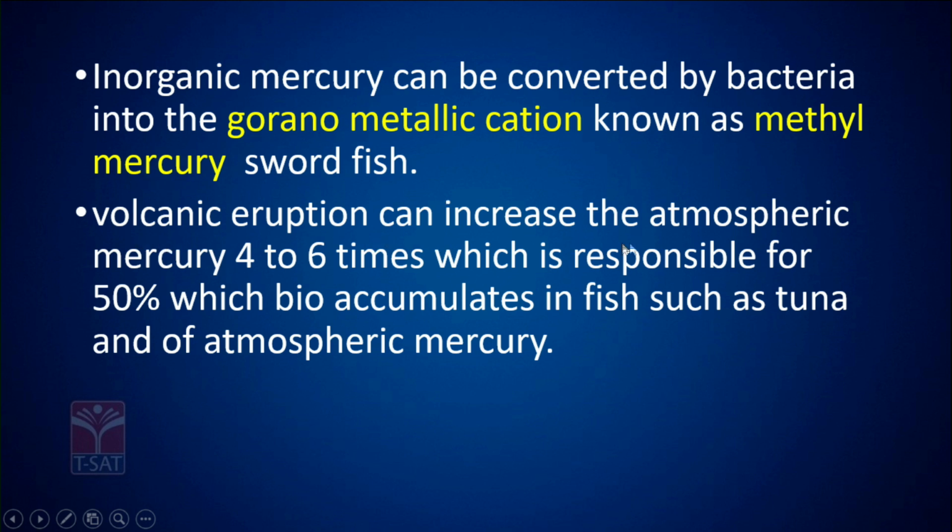Volcanic eruption can increase atmospheric mercury 4 to 6 times, which is responsible for 50% of the bioaccumulation in fish such as tuna. So this might be a question: what is the main factor for mercury in the atmosphere? Volcanic eruptions, 50%.